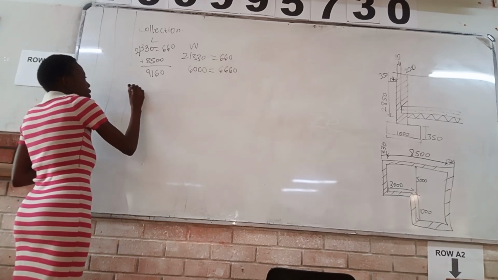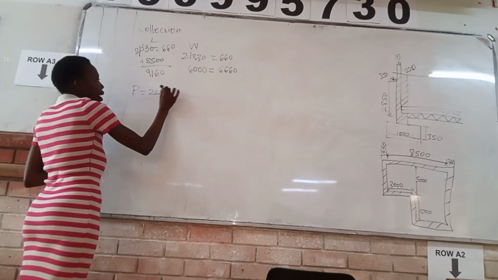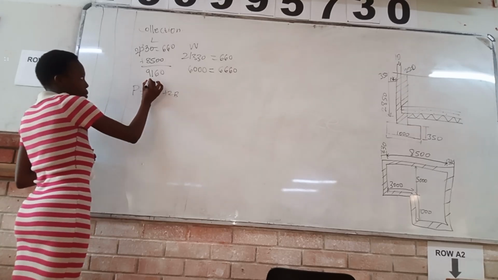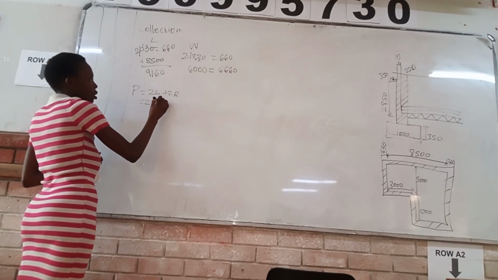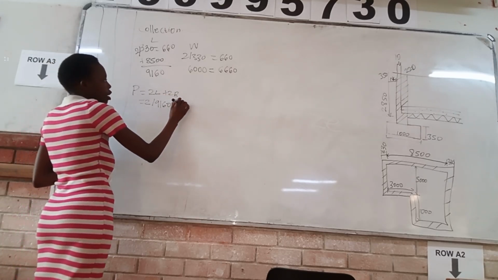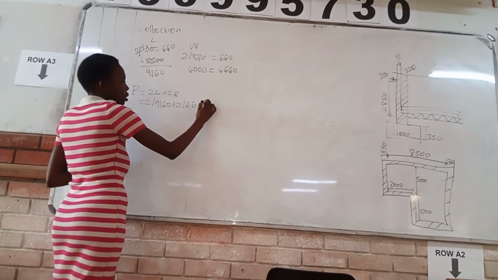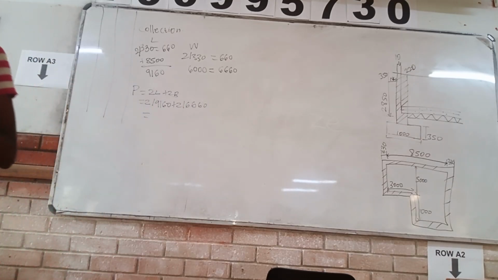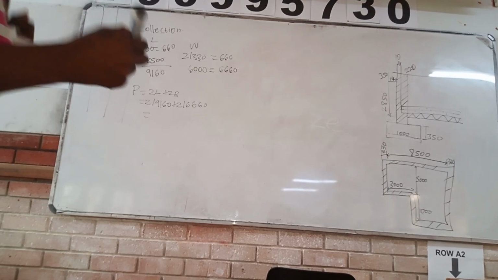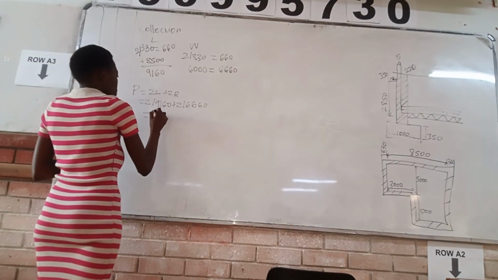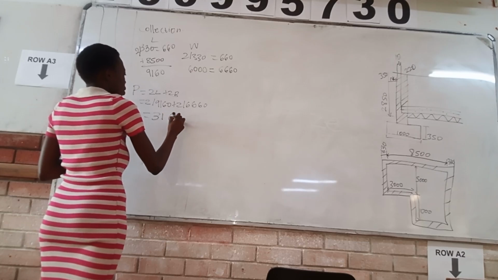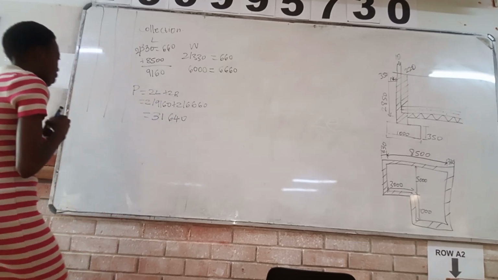Now we need the perimeter. Perimeter is equal to 2L plus 2B. This is our length, 9,160. So 2 times 9,160 plus 2 times 6,660 is 31,640. This 31,640 is our perimeter.